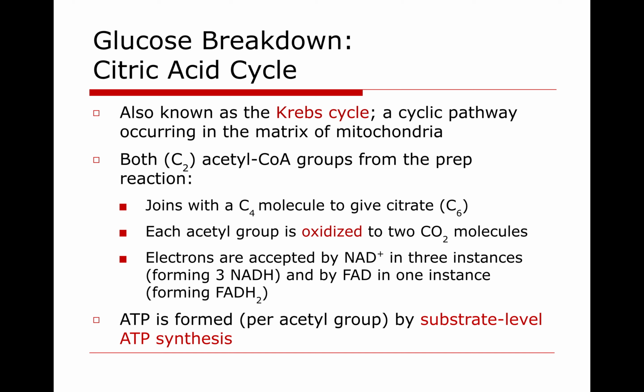So you have these two carbon molecules from the prep reaction that join a 4-carbon molecule to give you citrate, which is 4 plus 2 is 6. So each acetyl group is oxidized into 2 CO2 molecules.